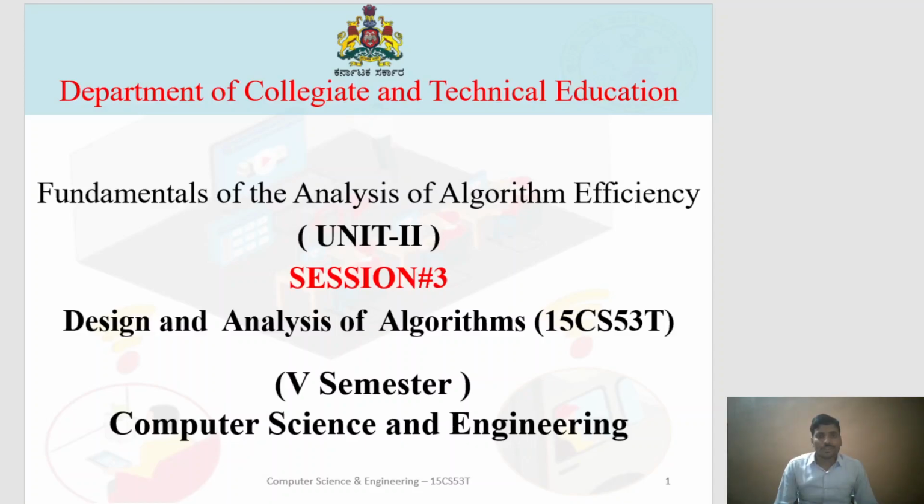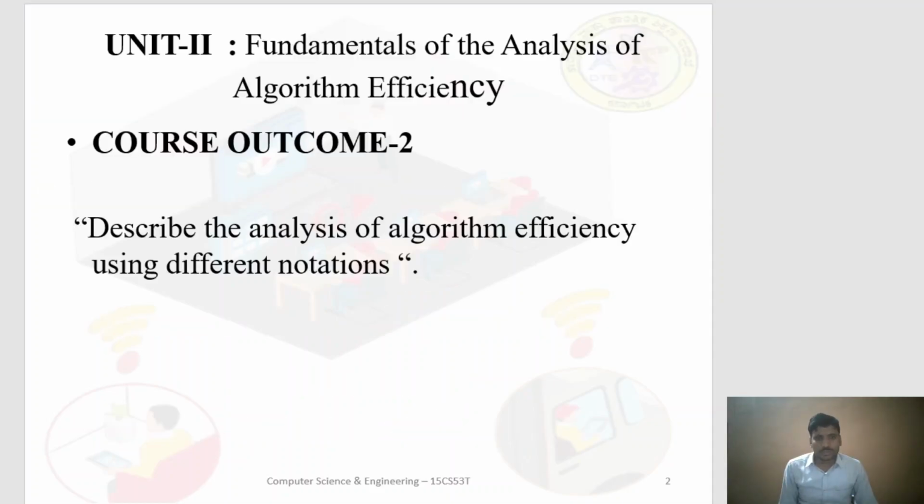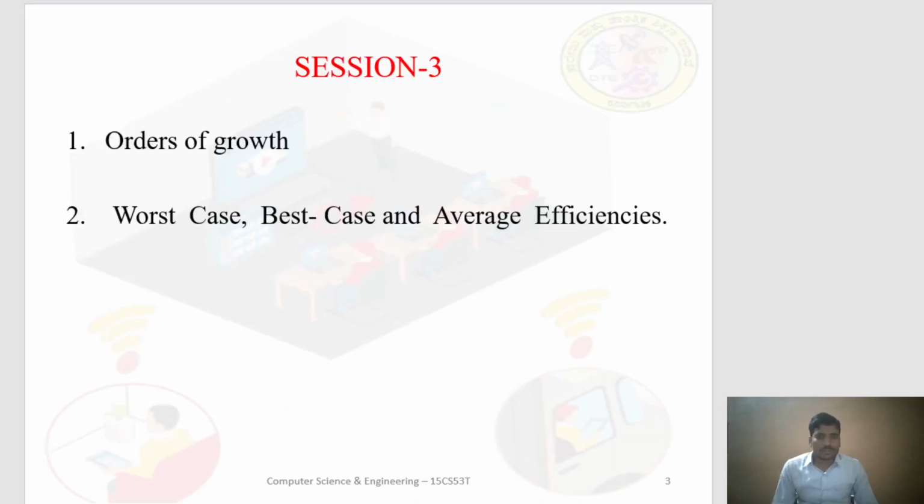Today we will discuss the third session of the second unit, that is fundamentals of the analysis of algorithm efficiency. In the third session we will discuss the concepts, that is orders of growth and worst case, best case and average case efficiencies.